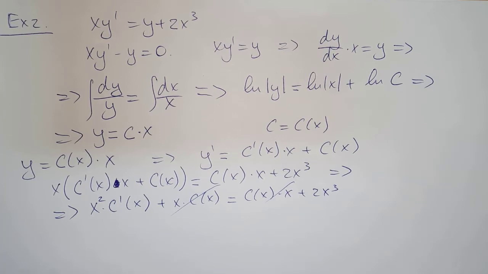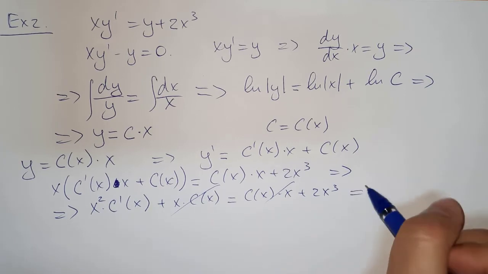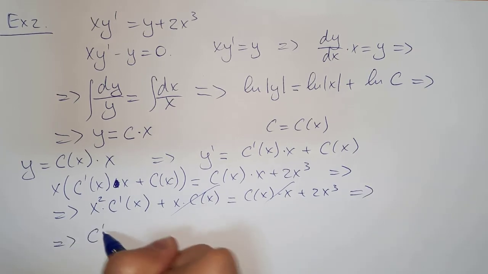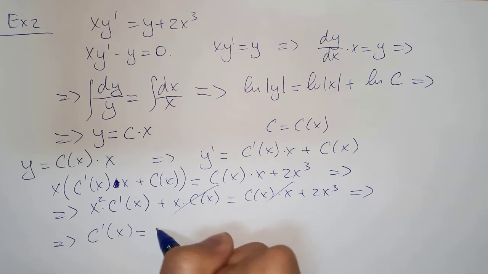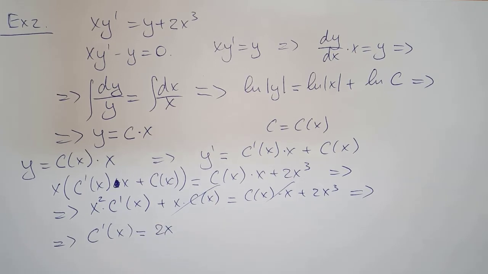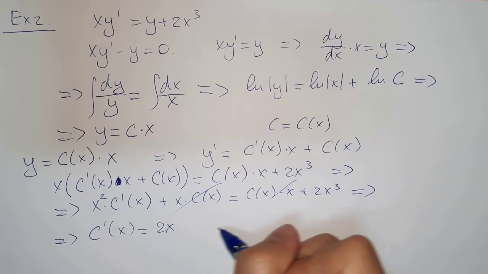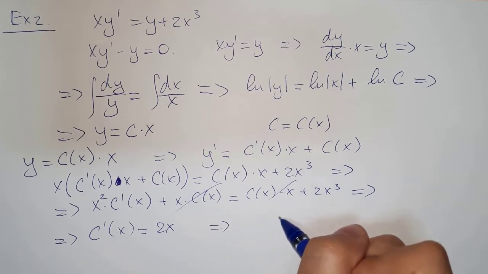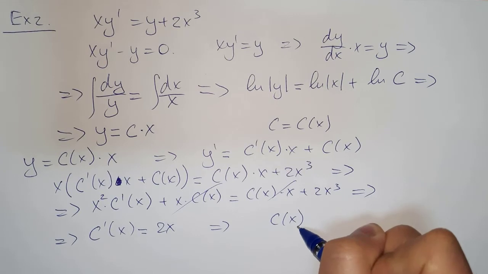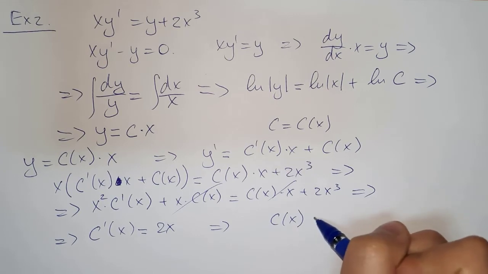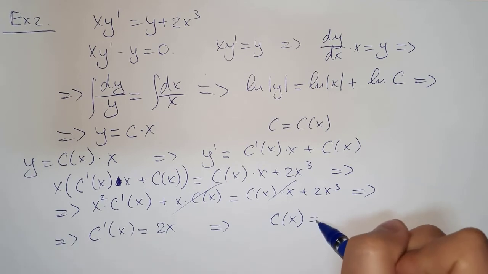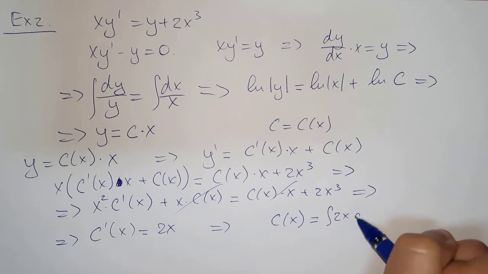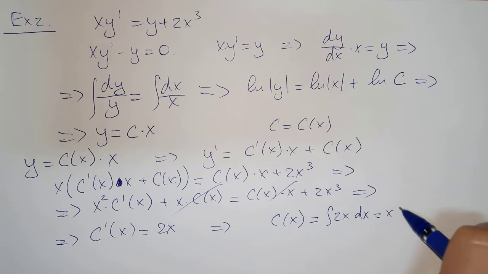We can divide by x squared, both sides, and we'll get c prime of x is 2x. Now we can find c of x by integrating both sides, and we have the integral of 2x dx. So it will be x squared plus c1.